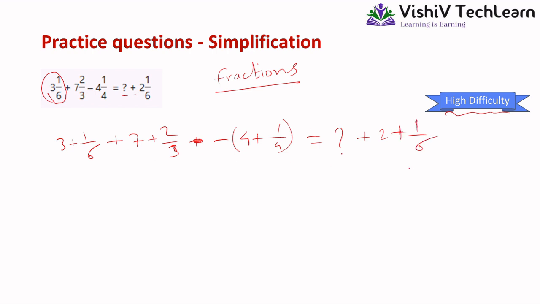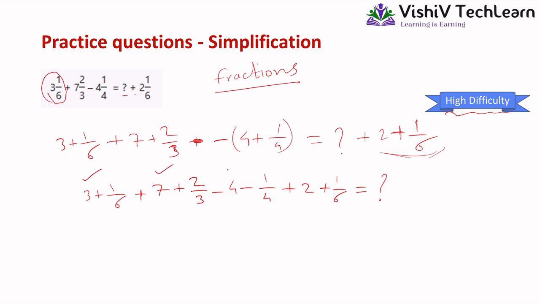Correct. Now let's bring this part onto the left hand side. So it will be 3 plus 1 by 6 plus 7 plus 2 by 3 minus 4 minus 1 by 4 plus 2 plus 1 by 6, and this entire is equals to question mark.